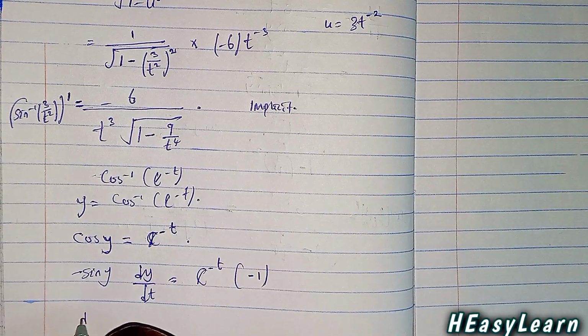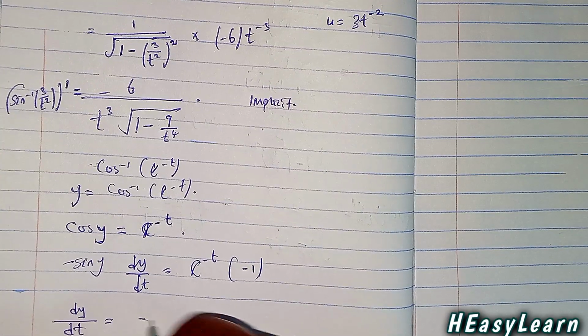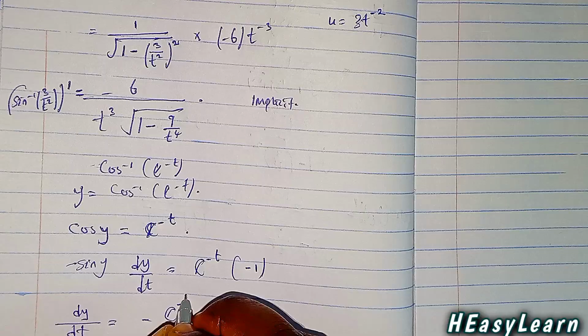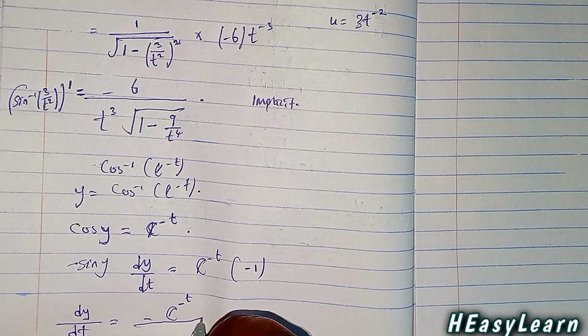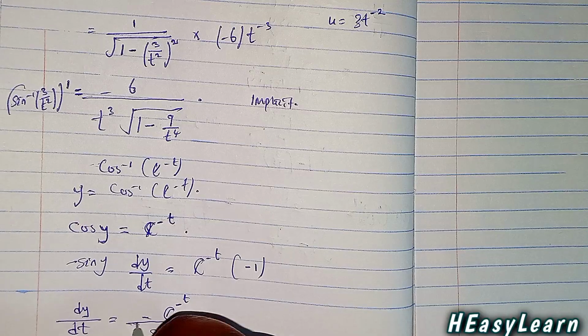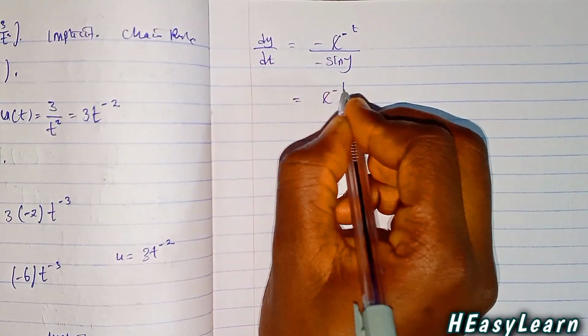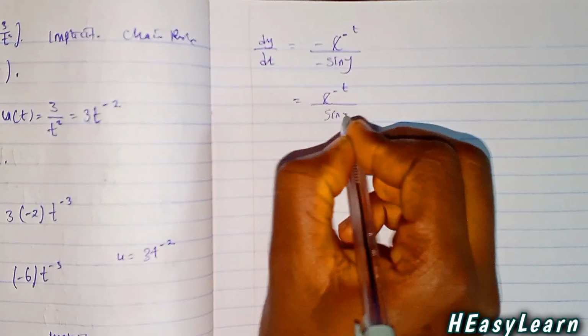So make dy/dt the subject of the equation: minus exponential minus t divided by sin y.